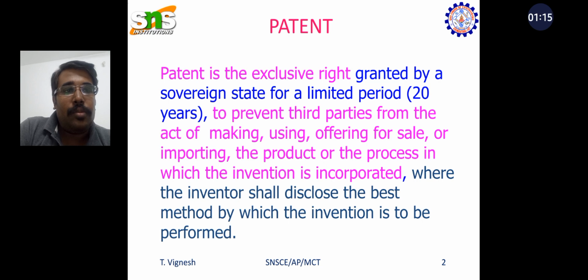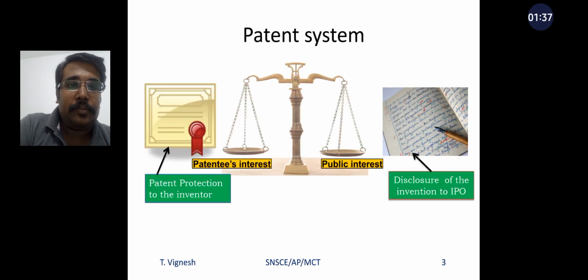It is generally used to prevent third parties from making, using, offering for sale or importing the product or process in which the invention is incorporated, where the inventor shall disclose the best method by which the invention is to be performed.